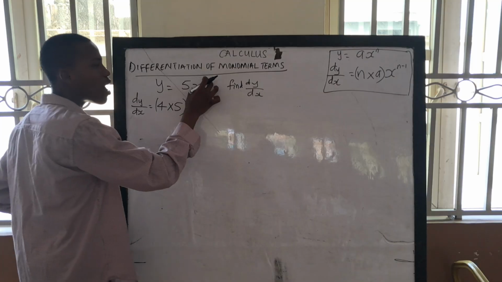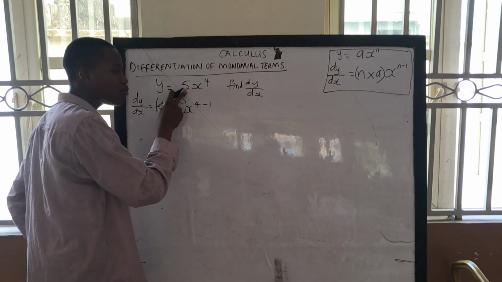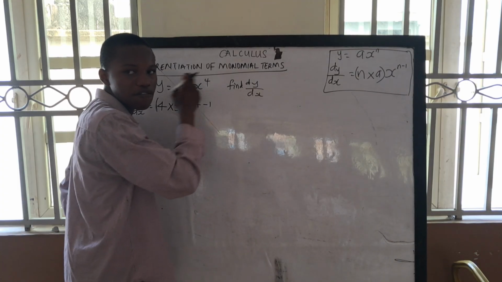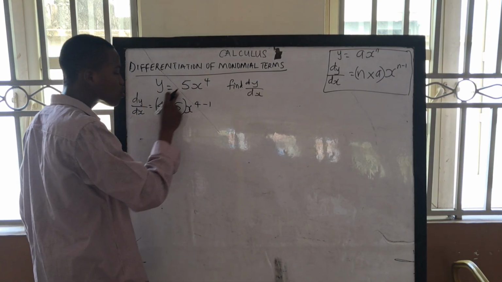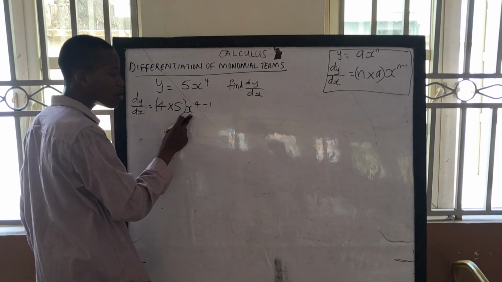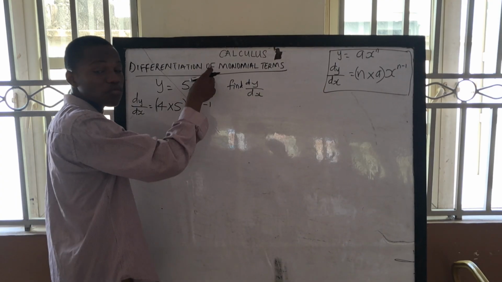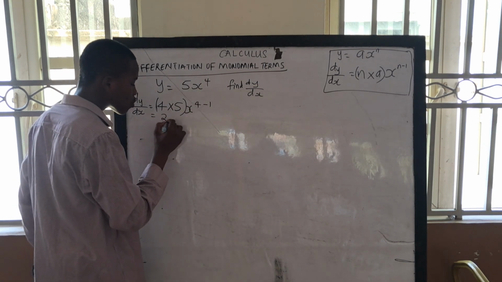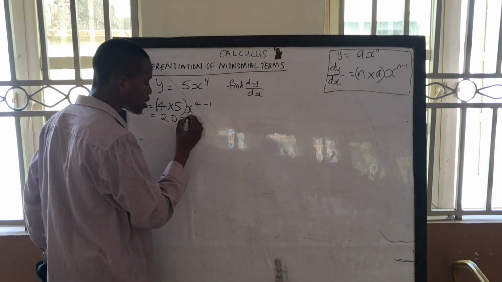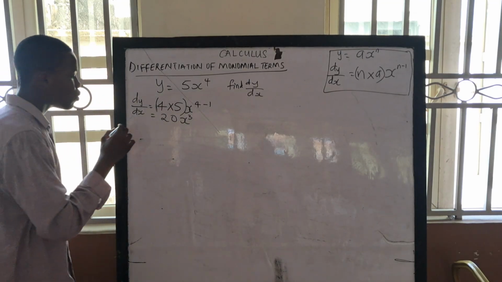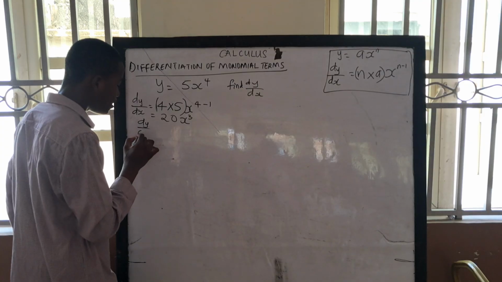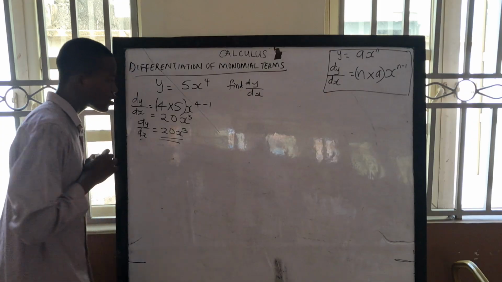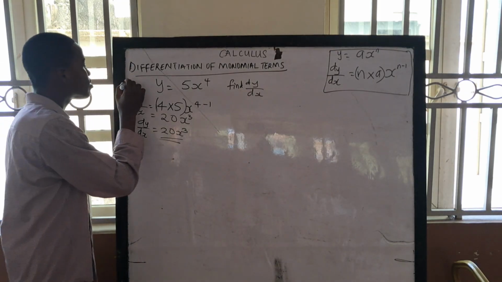The power of the variable times the coefficient, then I subtract 1 from the power. That's 4 times 5, which is 20, x raised to power 4 minus 1, which is 3. So my dy dx is 20x cubed.